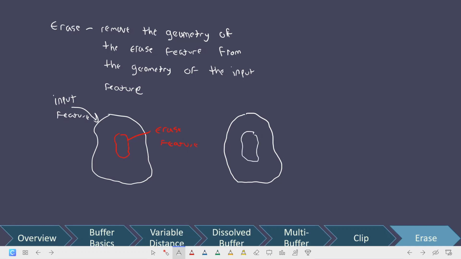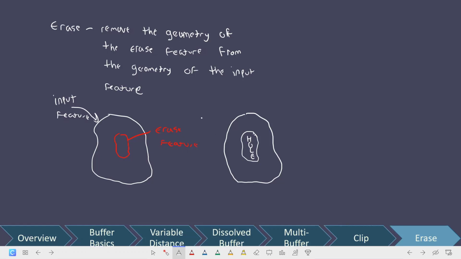Looks kind of like a donut, right? So what clip would have done is clip would have given us back just this interior piece. What erase does is erase removes the interior piece, right? There's now a hole here. Okay, so let that sink in for a second. Erase removes the geometry of the erase feature from the geometry of the input feature.